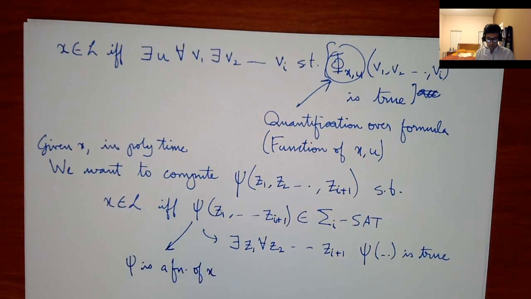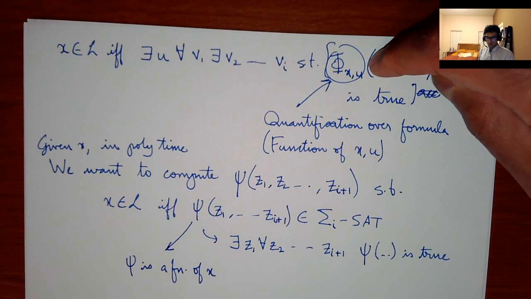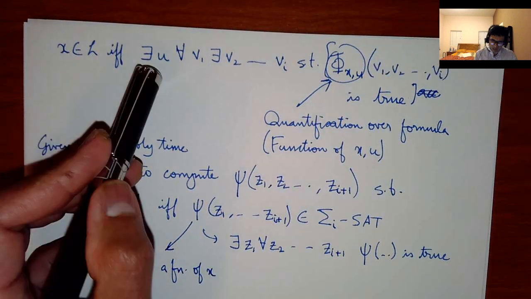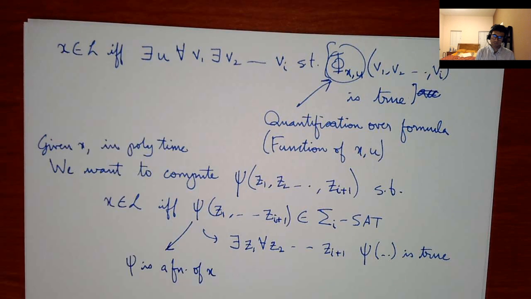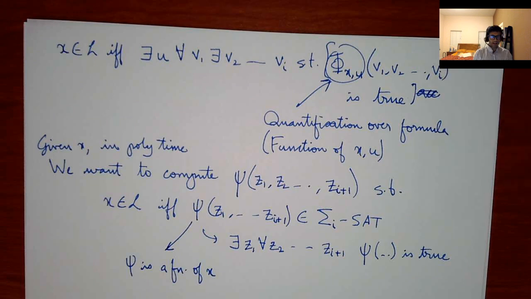That's what we want. Instead, we get a formula that is a function of not just the input, but also the first thing that we're taking the existential over. And so now what we need to do is figure out a way of converting phi x u to something that is only a function of x.